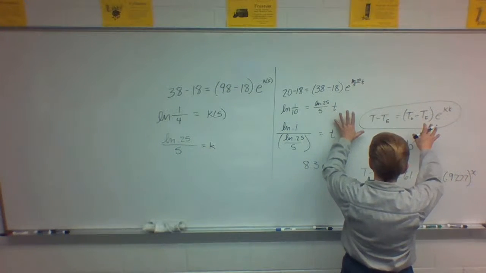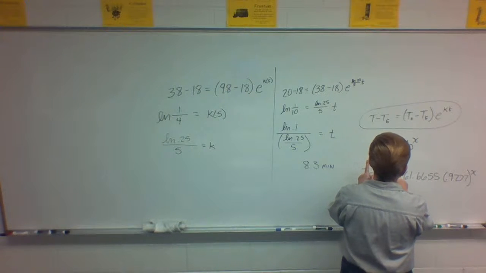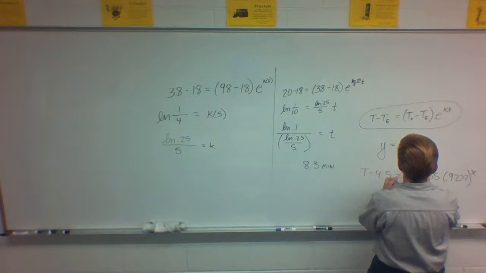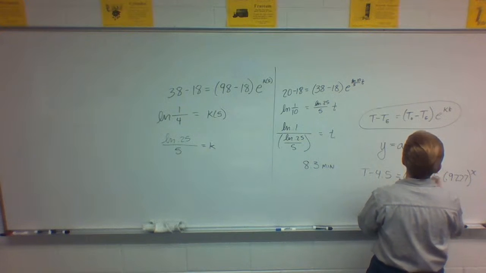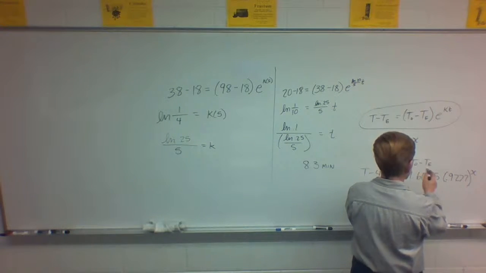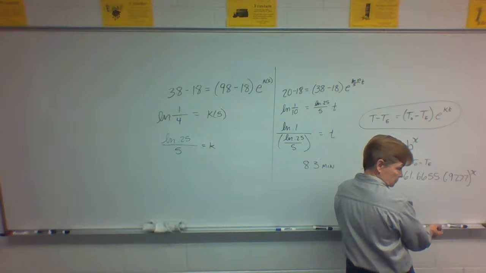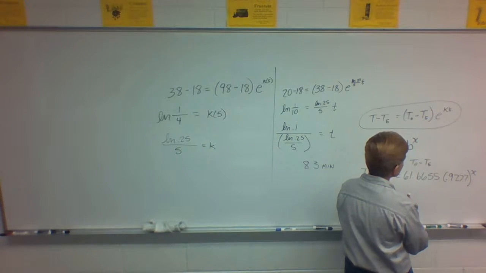Now, according to what we've got here, these are our y values, and this is T naught minus TE. And TE is 4.5, so we can find T naught by simple math.